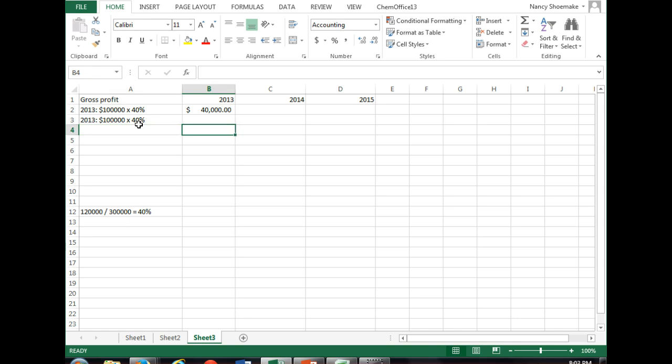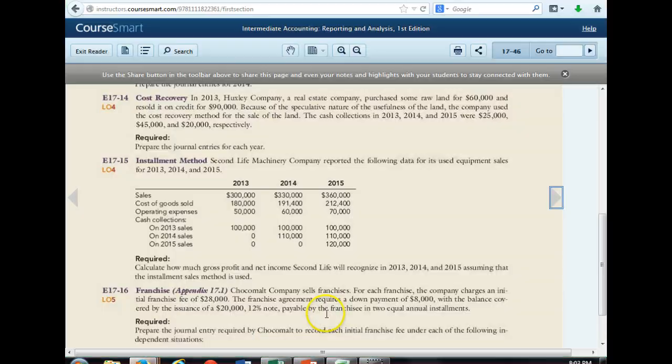So aren't we going to show that 40,000 here? But then in 2014 there was an installment sale, wasn't there? So that installment sale was 330,000 minus the cost of goods sold of 191,400. What was the gross profit on that?